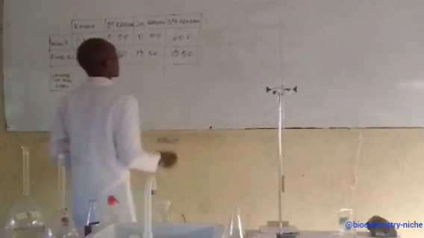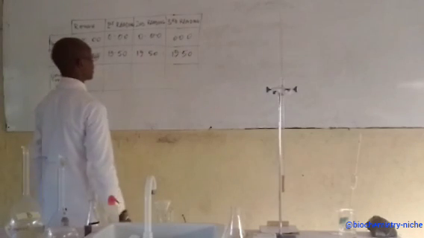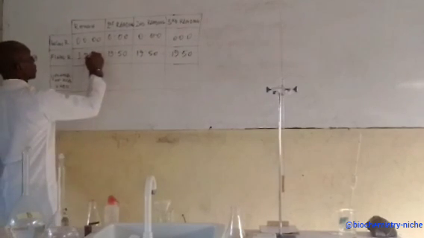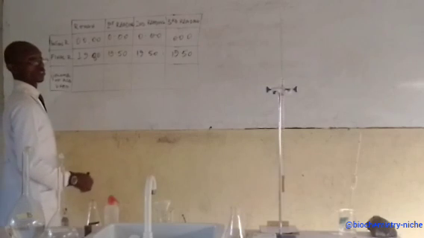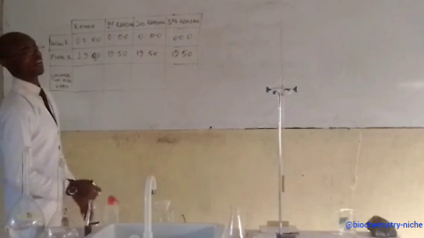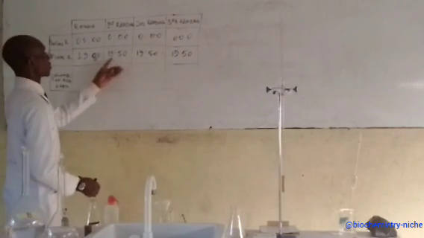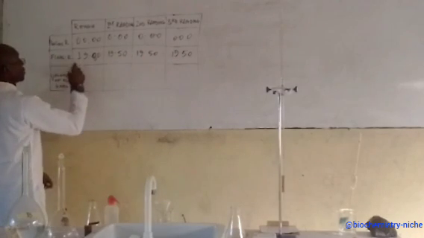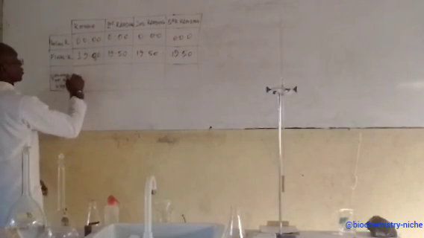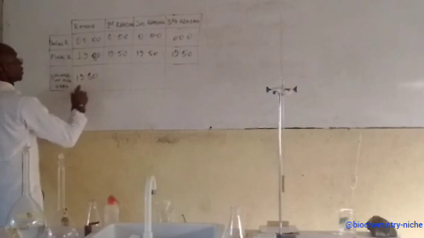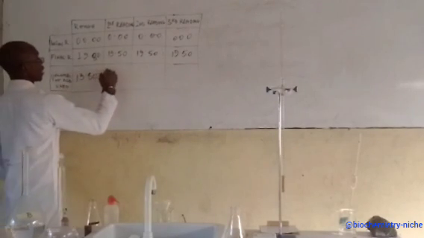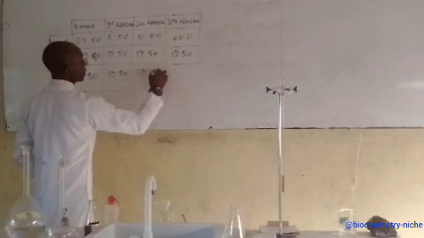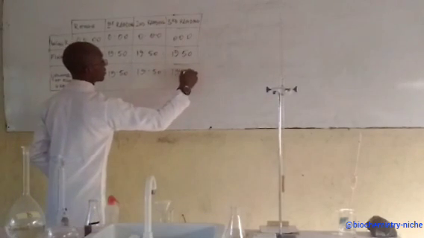So in some cases you could have a difference in some of these values. Like I had here, the rough was 19.8, and now I have the others to be like this, 19.50, 19.50. So if I have all of this, my volume of acid used for the rough will be 19.80, and here we are having 19.50, also 19.50.